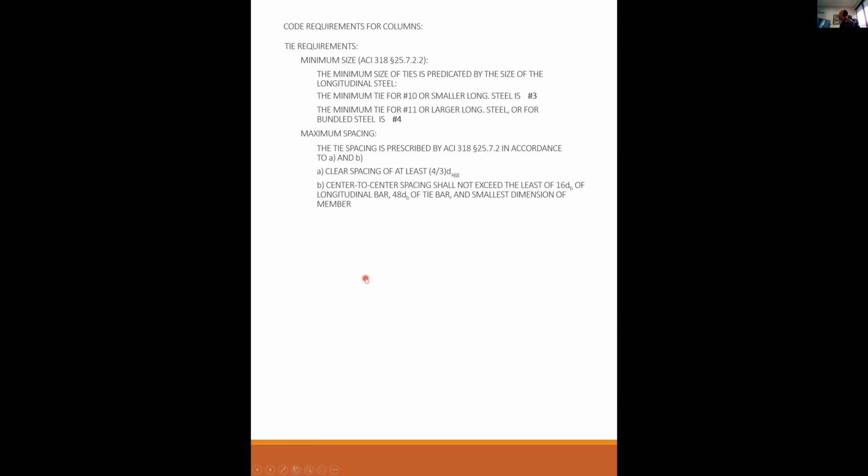Or the center to center spacing shall not exceed the least of 16 times the bar diameter of the longitudinal bar, or 48 times the diameter of the tie bar, and the smallest dimension of the member. So 48 times the diameter of a number 4 tie is 24 inches. You can go to Minnesota and watch them build columns with number 4s at 24 inches on center.